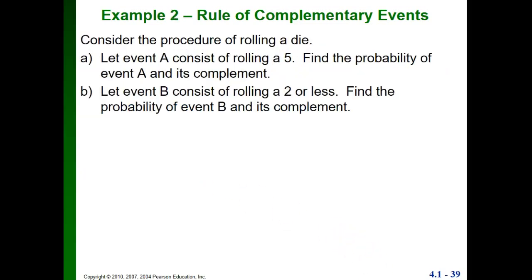Here's another example. If we consider the procedure of rolling a die, let event A consist of rolling a 5, find the probability of event A and its complement, and then we're going to let event B consist of rolling a 2 or less, and find the probability of event B and its complement.